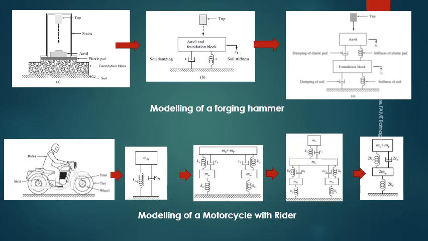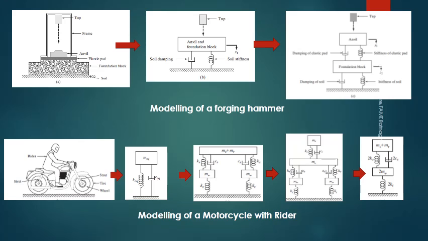It means that first of all mf is the mass of the rider, then ms is the mass of the bike. In between those two, cushioning is provided by means of a seat which will act as a damper as well as a spring. Again, between the wheel and the vehicle chassis, a spring damper system is there.